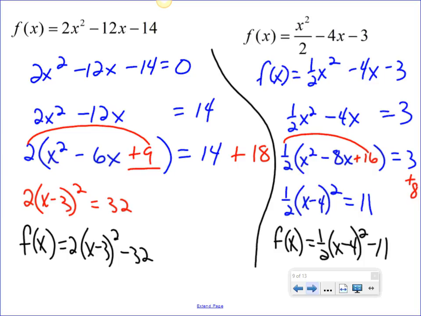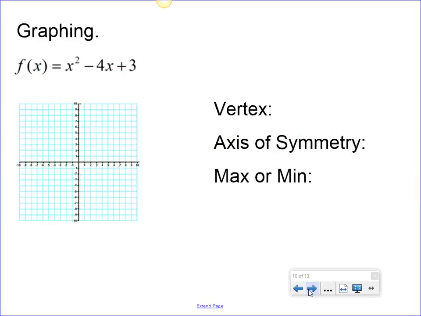Okay, next thing, if I have to graph this now, again, we're going to start by getting this x squared minus 4x plus 3 into vertex form, or completed the square form. So I've got an x squared minus 4x. I'm going to move that 3 across right away. It's going to be minus 3 on the other side. Okay, what am I going to add on?